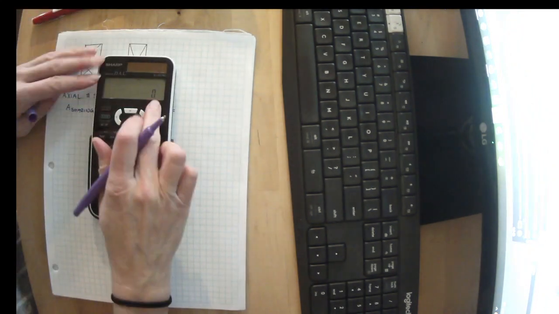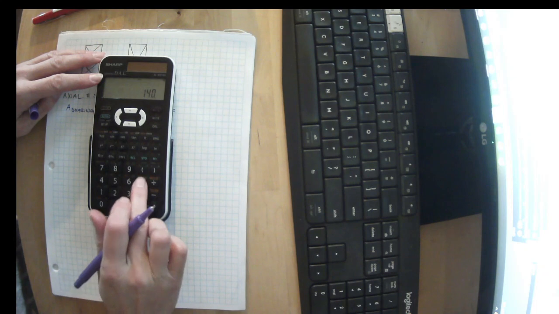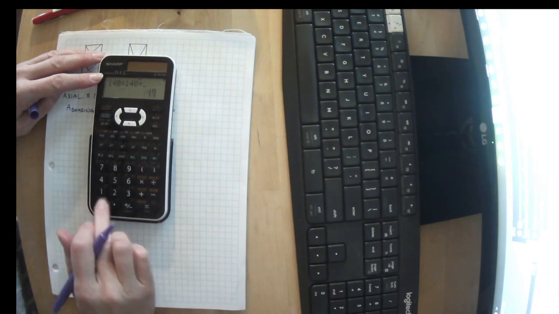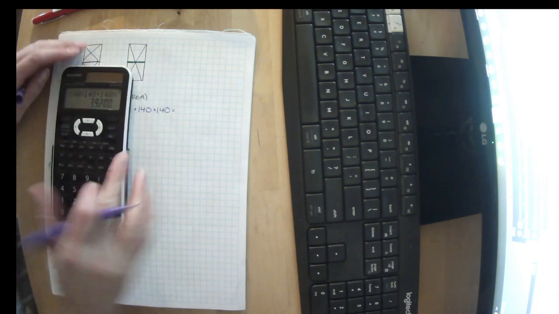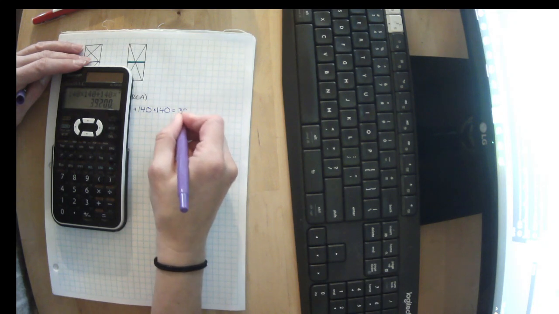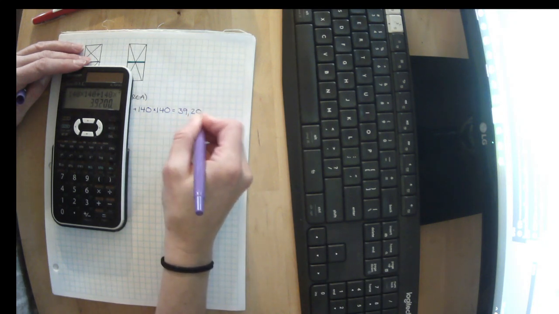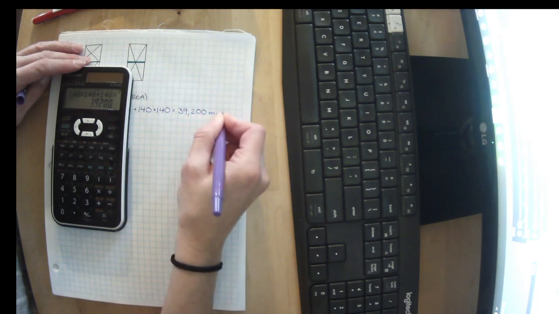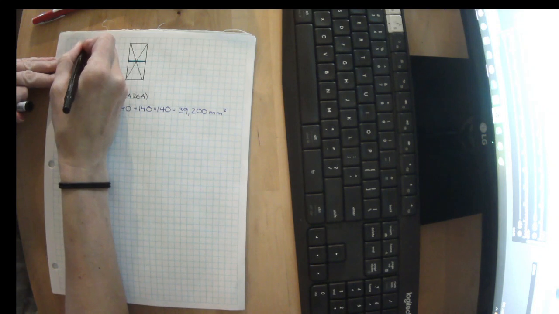We've got 39,200 millimeters squared. Let's just write this out.